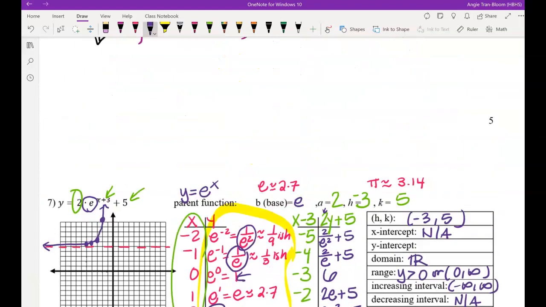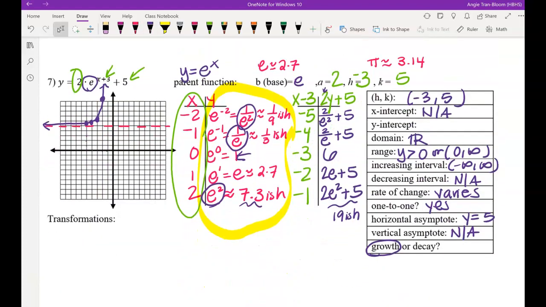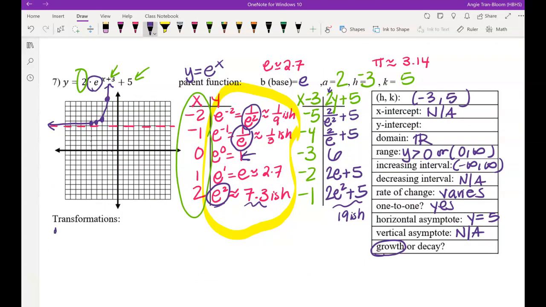Let's do the transformations, okay? We have a 2, so a vertical stretch factor of 2. Then we have left 3 units. And we also have up 5 units.